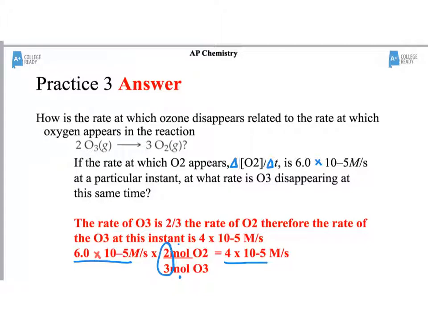So you can really just use stoichiometry to get there. So this is the rate of ozone. And for every 3 moles of ozone, 2 moles of oxygen. Ozone cancels out, and that's going to leave me 4 times 10 to the negative 5 molar per second of oxygen. So it's really just a stoichiometry problem.